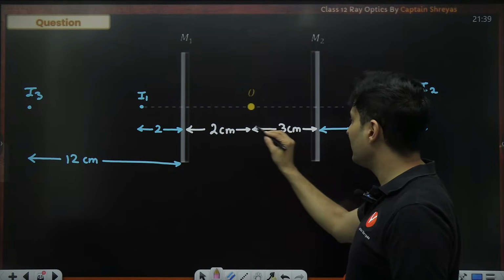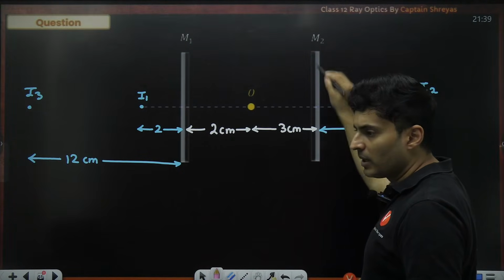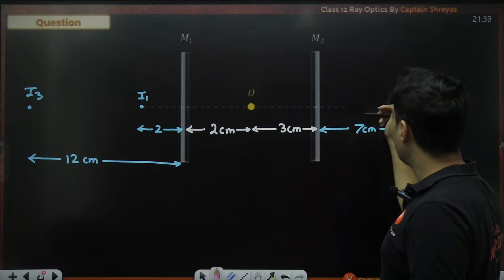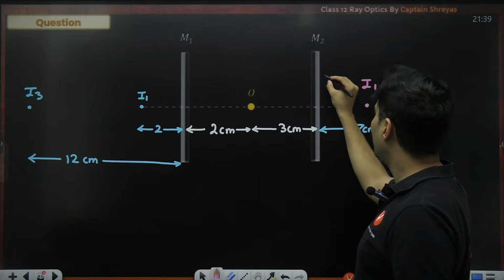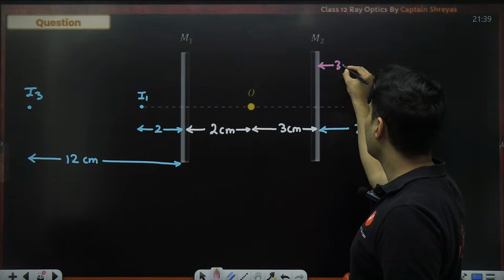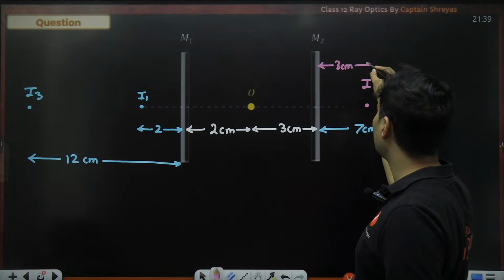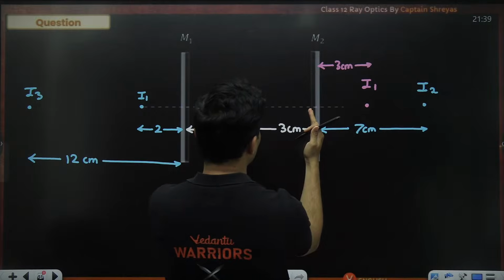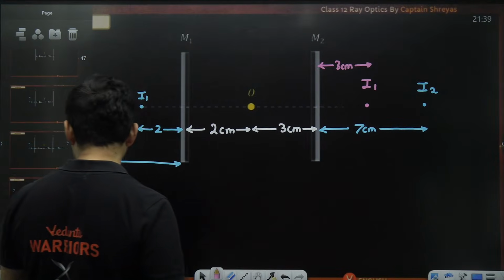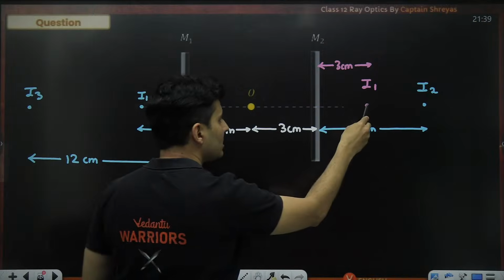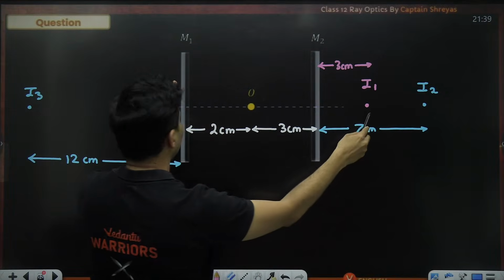This object is 3 centimeters in front of mirror 2. So this object will reflect behind over here, and first image will be formed here at a distance of 3 centimeters behind mirror 2. This is 3 centimeters in front, 3 centimeters behind. Now that image becomes the object for this mirror.